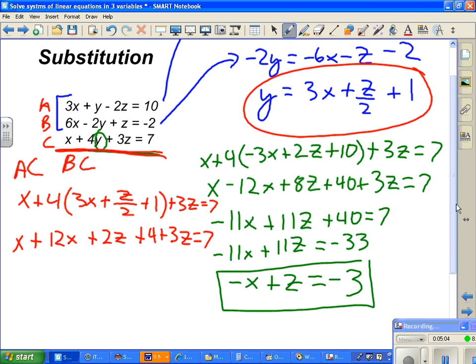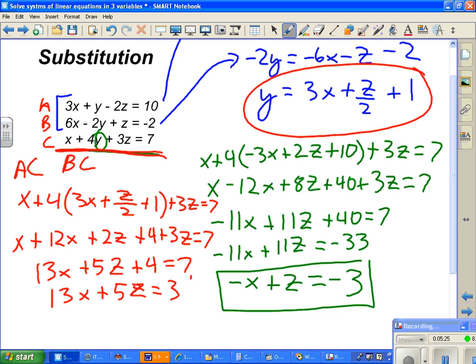Let's get like terms together. 13x plus 5z plus 4 equals 7. 13x plus 5z, and I subtract the 4, equals 3.